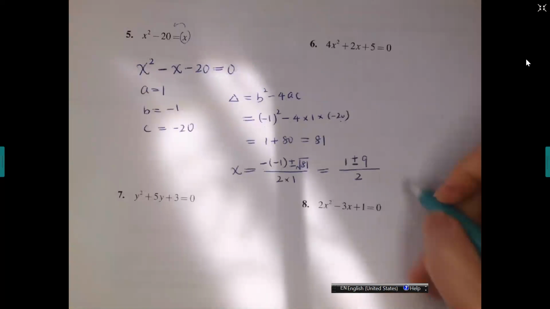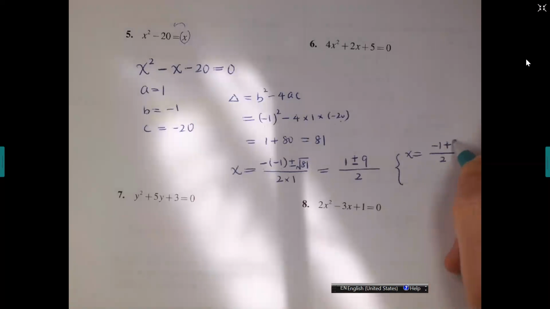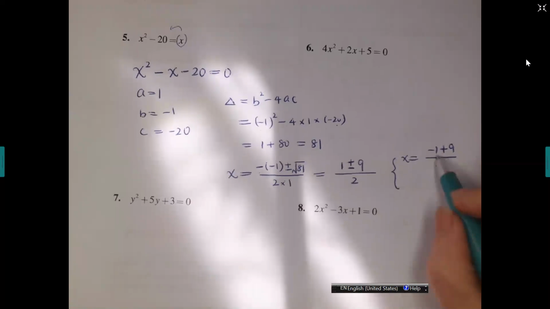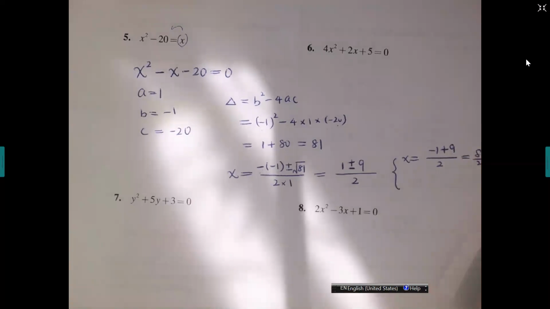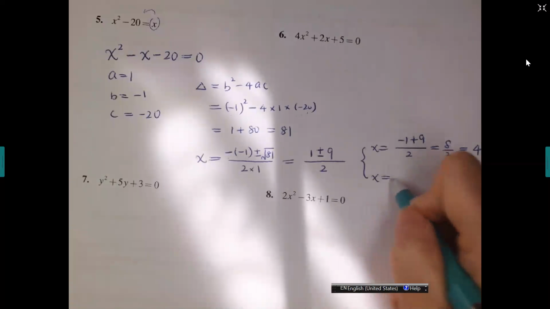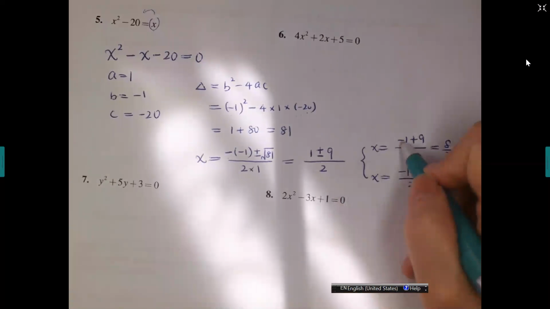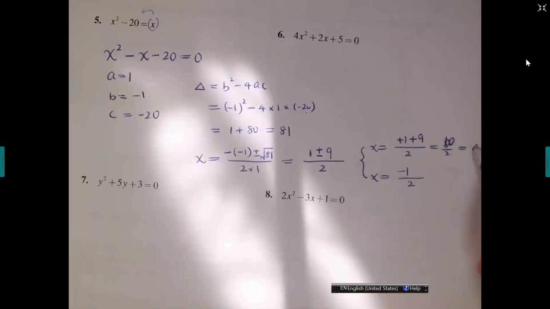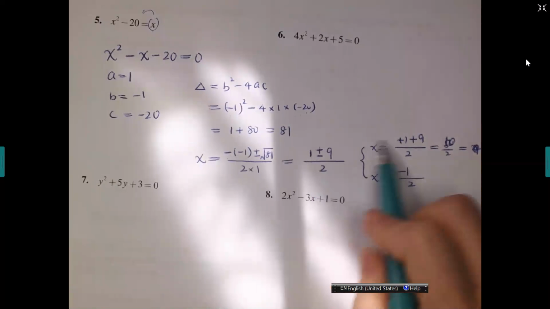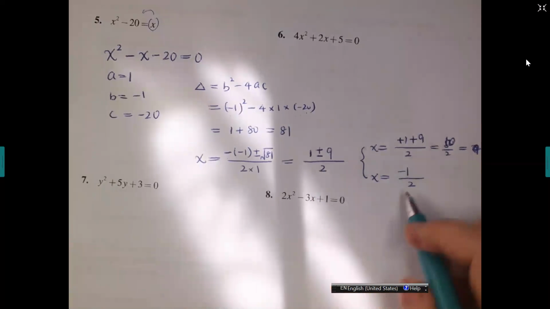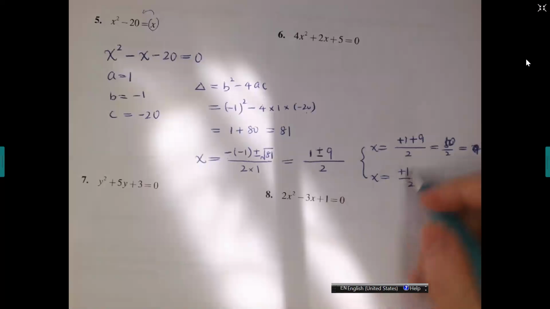So then we'll end up with two solutions. x equals 1 plus 9 over 2. 1 plus 9, that's 10. 10 over 2, that's 5. Okay, sorry, I copied the wrong number earlier. And then the second one is 1 minus 9.